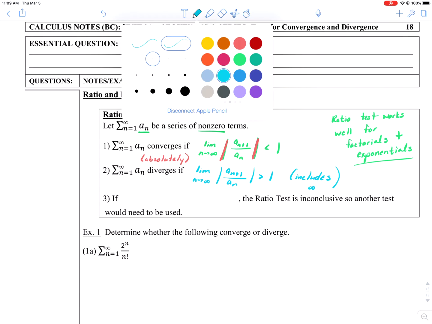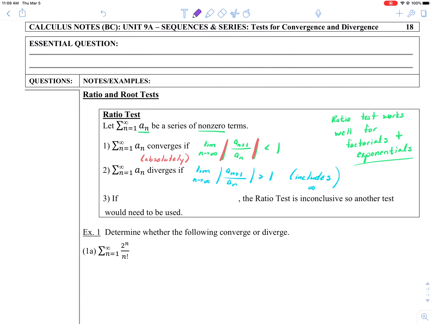Now, we do have a scenario where if you do the limit as n approaches infinity and you get 1 as your answer, that's going to be considered inconclusive. It may conditionally converge. It may be divergent. We just don't know.